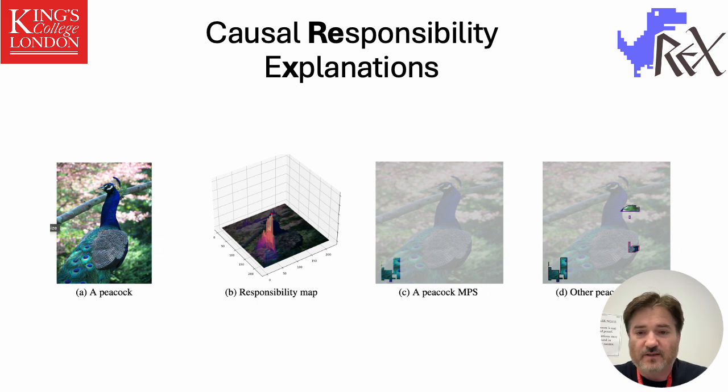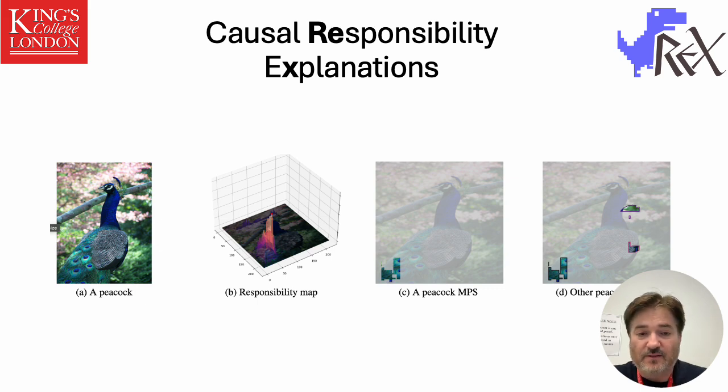So we used the causal explainability tool Rex to generate minimal pixel sets for a variety of different architectures. A minimal pixel set is a subset of the pixels of the image which by themselves have the same classification as the original image. So you can see here we started with an image of a peacock.